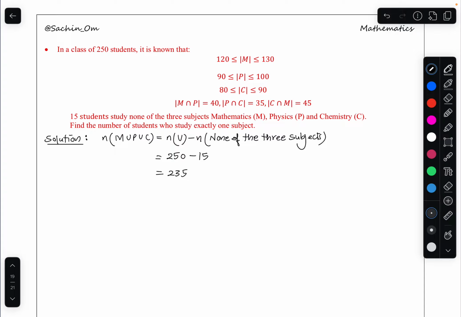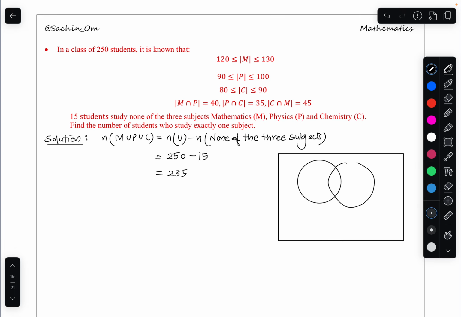Now let's look at what the question asks us. It says find the number of students who study exactly one subject. On the Venn diagram, what does exactly one subject look like? So M here, let's assume P is here, and then C here. If you're taking M, it would be the region of M alone, nothing else. So it's this portion they're talking about, the portion for the number of students who study M alone.